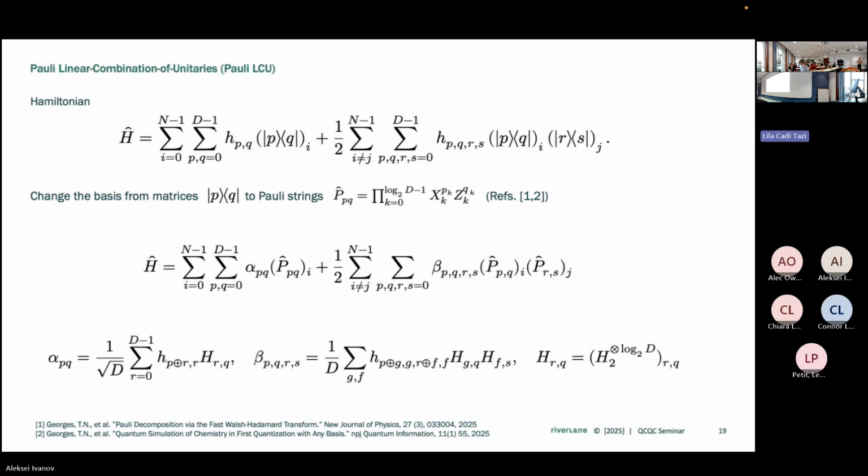So the question is, if I change my basis set, how will this coefficient change? It's not like a mapping such as Jordan-Wigner or Bravyi-Kitaev. It's an exact transformation. It's the same matrix, the same Hamiltonian. It's not a map. We derived the Hamiltonian in this Pauli LCU, and all coefficients are given analytically. Explicit expressions for all coefficients are given.